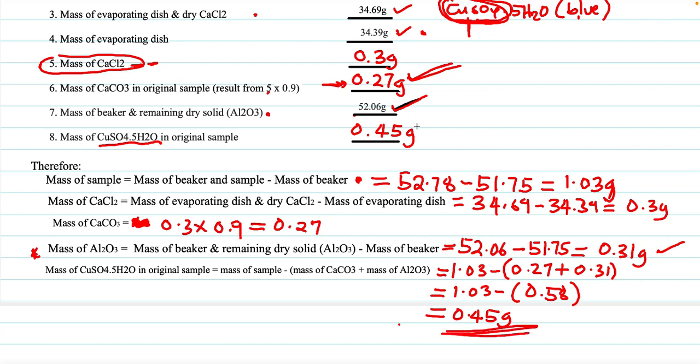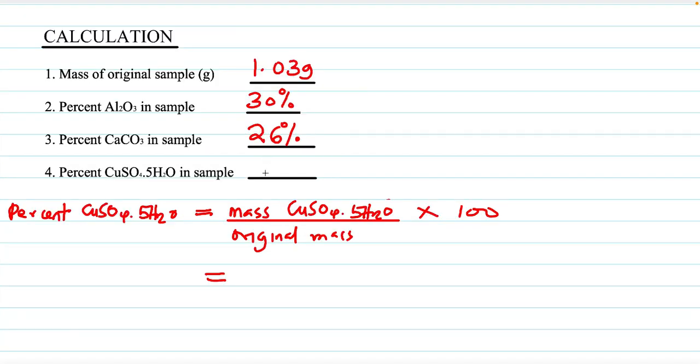Now, which is the same thing as what we have here. So we'll come here, we say 0.45 all divided by 1.03 times 100. Okay, so let's see what we're going to have here. So this becomes 0.45 times 100 divided by 1.03.